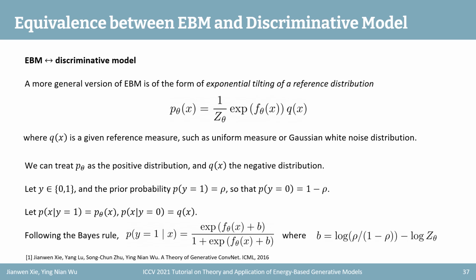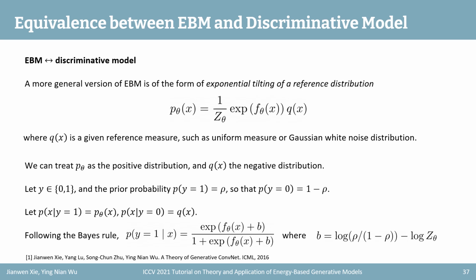Here I want to show the EBM and discriminative model are equivalent to each other. A more general version of the energy-based model is of the form of exponential tilting of a reference distribution. Let x be the data. q(x) is a reference distribution, such as uniform distribution or Gaussian white noise distribution.